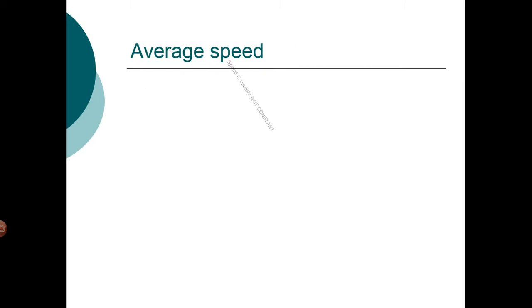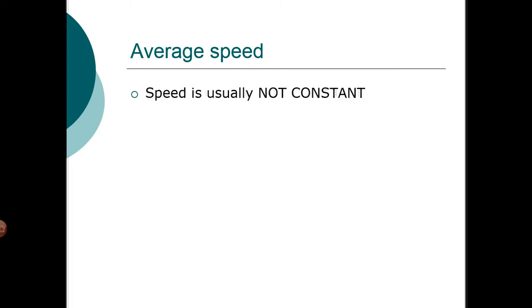Now let's talk about average speed. Speed is not usually constant. If you walk from one place to another, or run from one place to another, or drive from one place to another, you don't generally have the exact same speed the whole time, unless you're driving and your parents are using cruise control. For example, cars stop and go regularly.